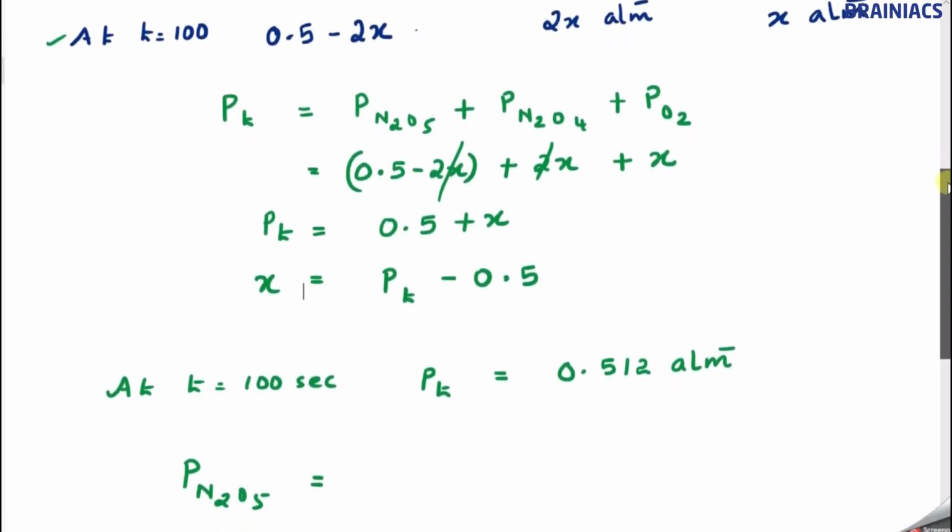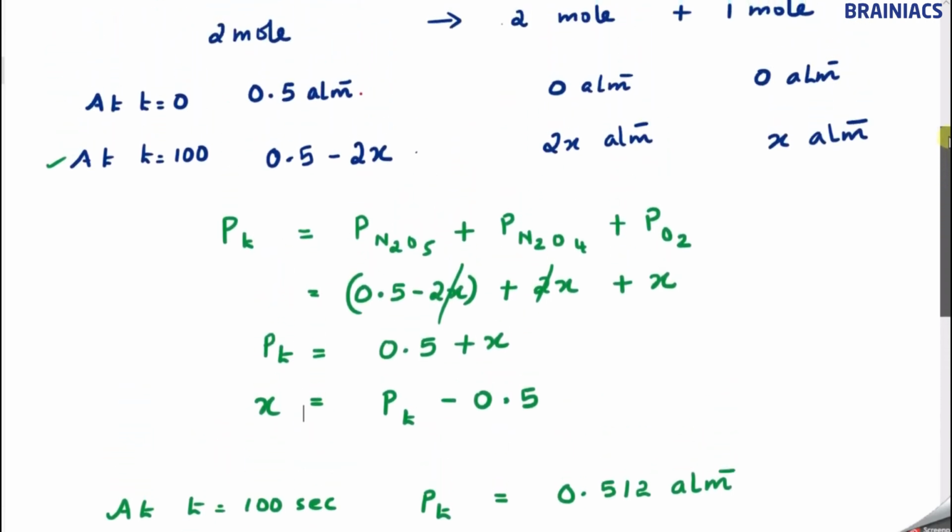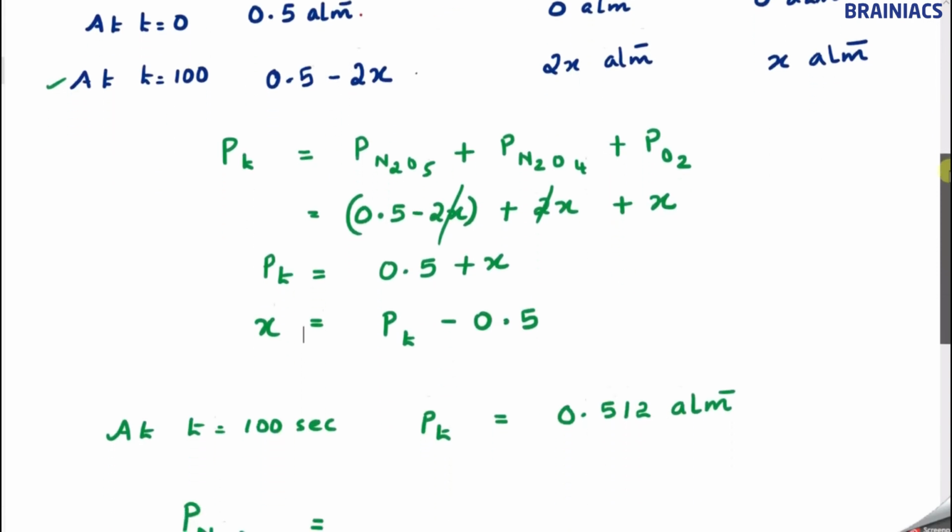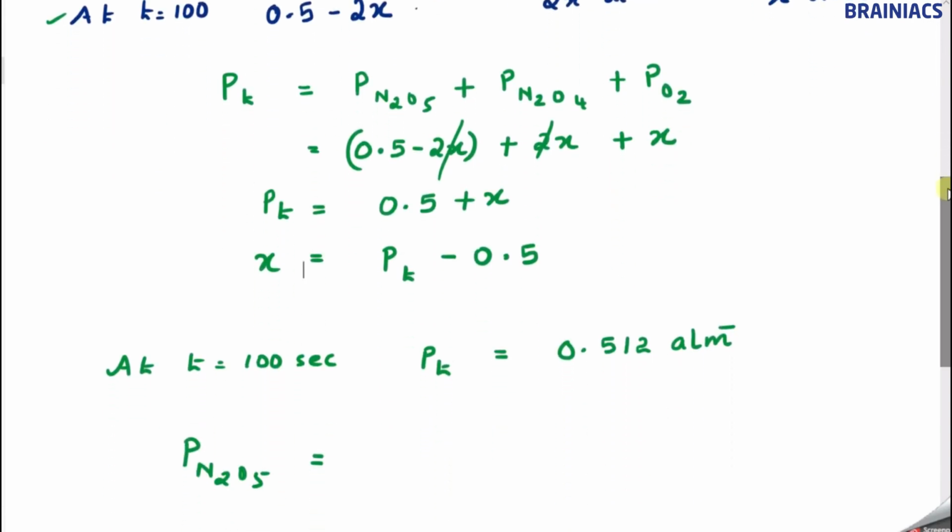That is 0.5 minus 2x, correct. So that is 0.5 minus 2 times x.